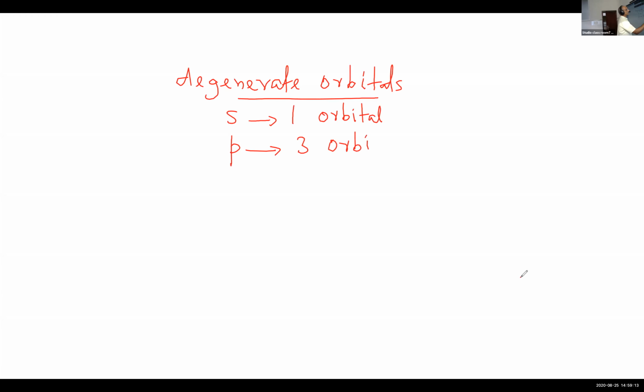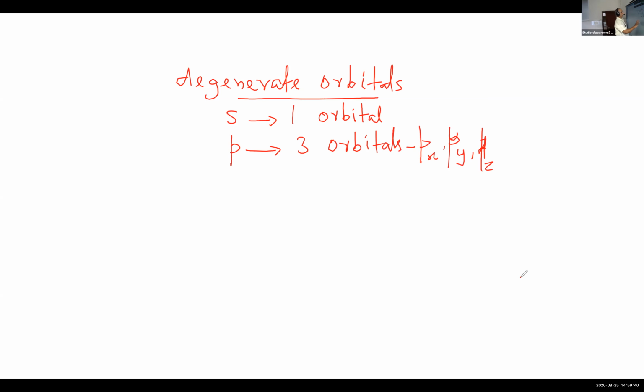They are the Px orbital, Py orbital, and Pz orbital. Px, Py, and Pz orbitals.